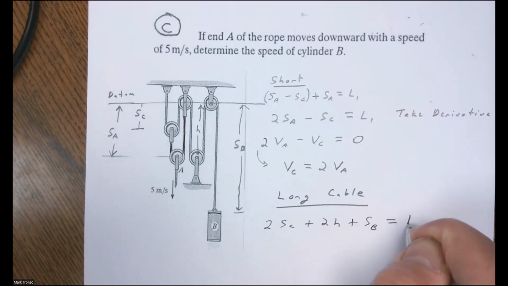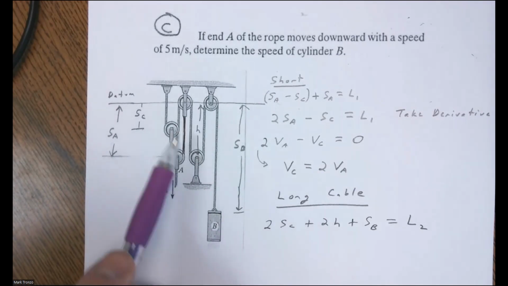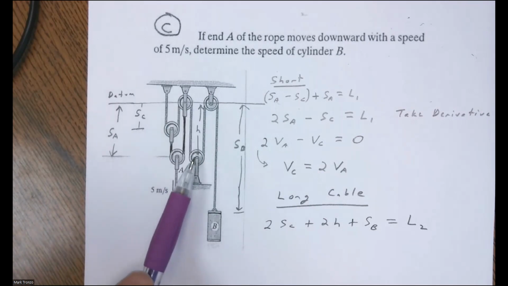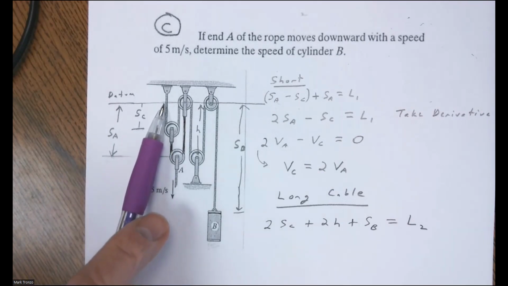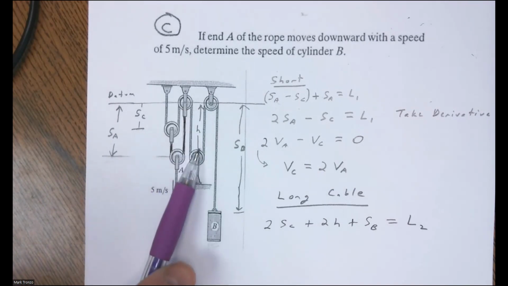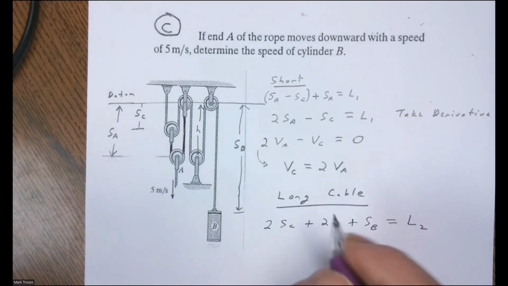And that's going to be equal to the length of our second cable. That's going to be constant. Now notice here as well, H is constant because this pulley is not moving and this pulley is not moving. So you could even leave it out, but I usually put it in and it disappears when we take the derivatives. But just check ourselves here that we got everything: SC plus SC plus H plus H plus SB. Looks like we got everything in the second cable.